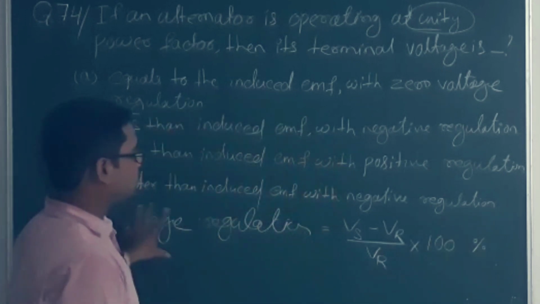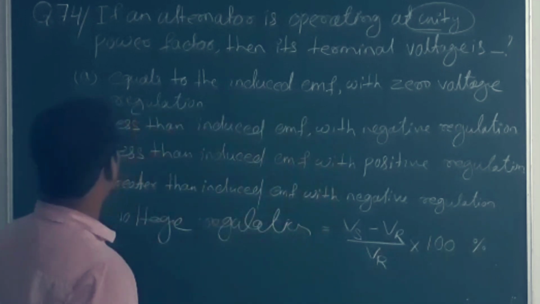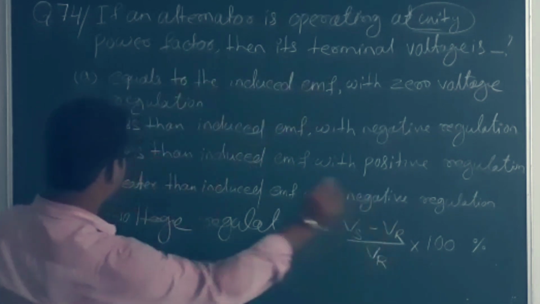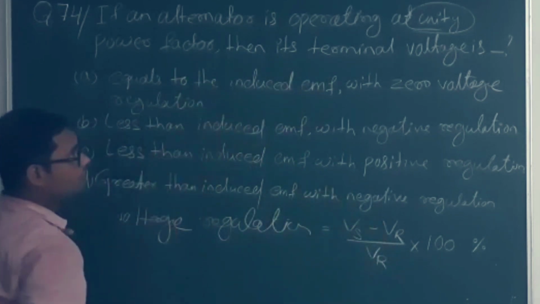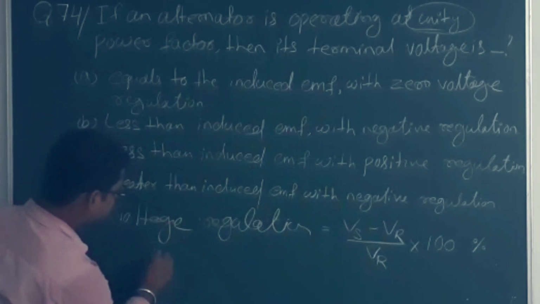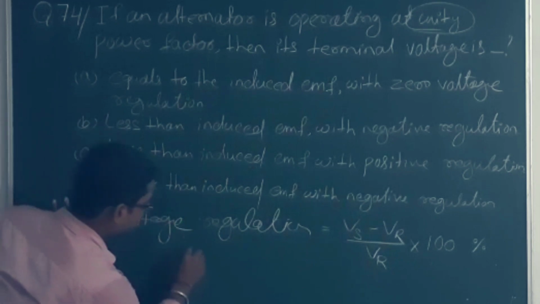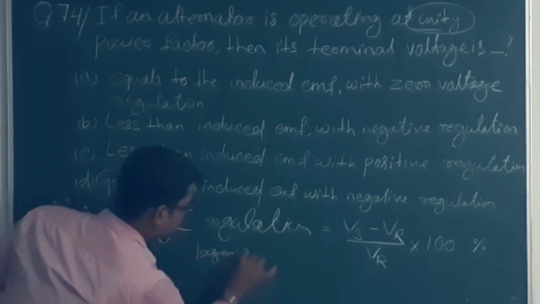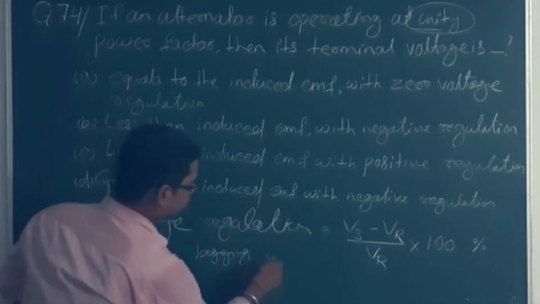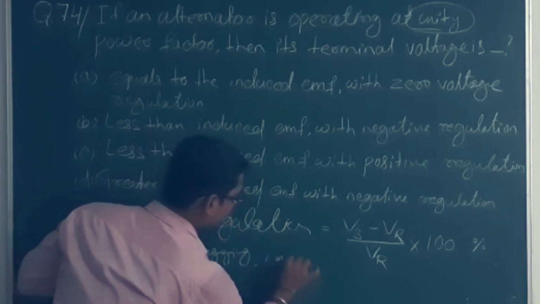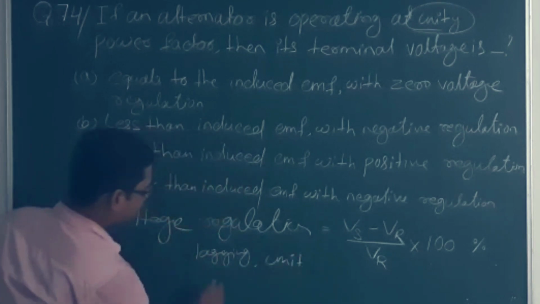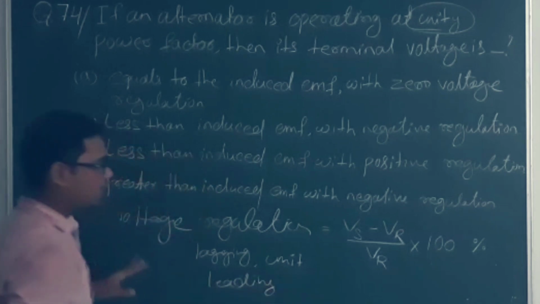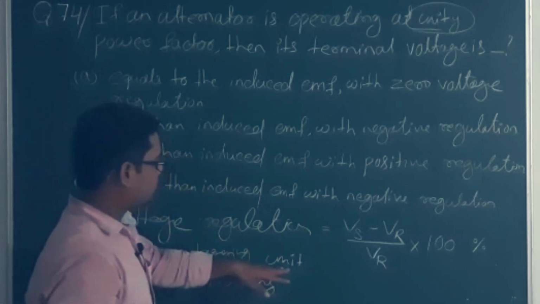Here some assumptions are there. Whenever the alternator is operating at unity power factor, we have to remember there are 3 types of power factor: lagging, unity, and leading.